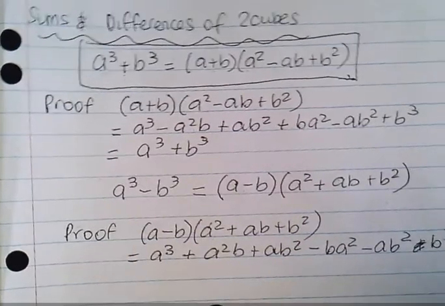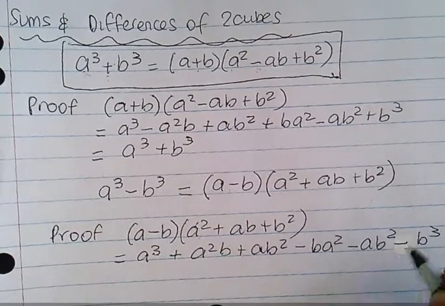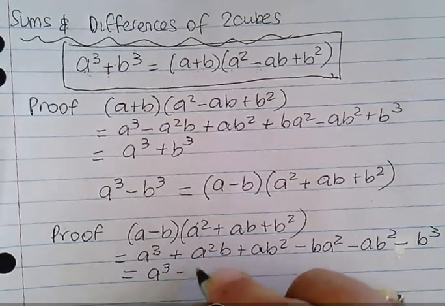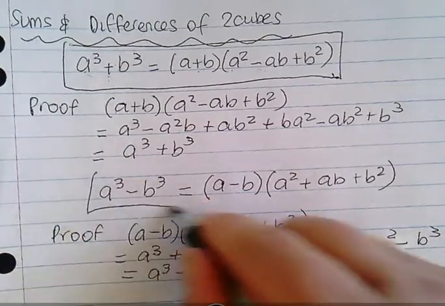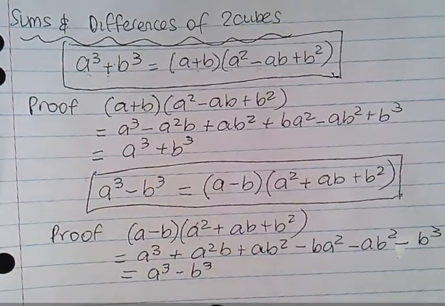And I'm off screen. And you can see a squared b minus b a squared, they cancel. ab squared minus ab squared cancel. And that's also a cubed minus b cubed. So these are your two new rules for sums and differences of two cubes.